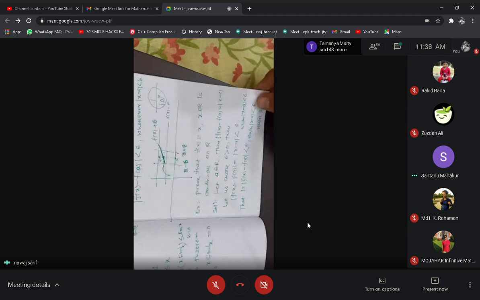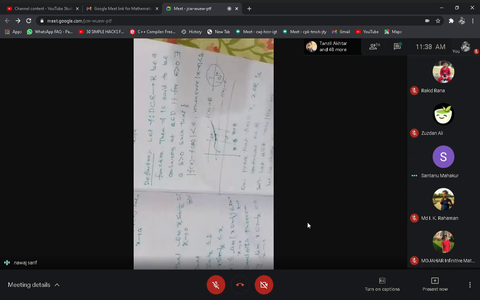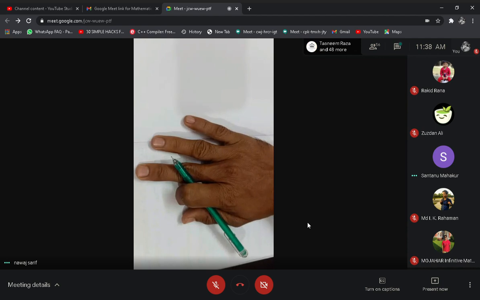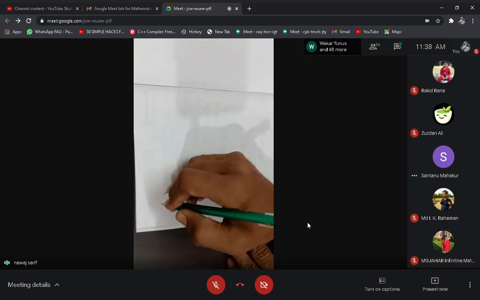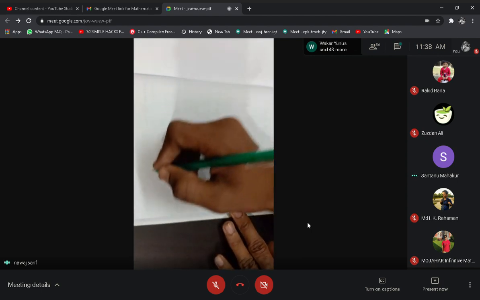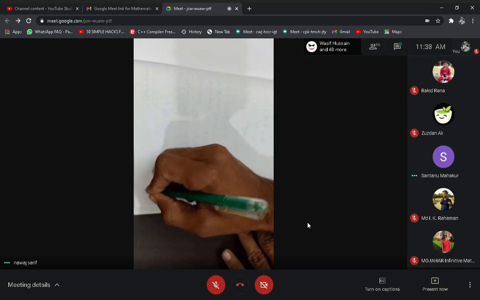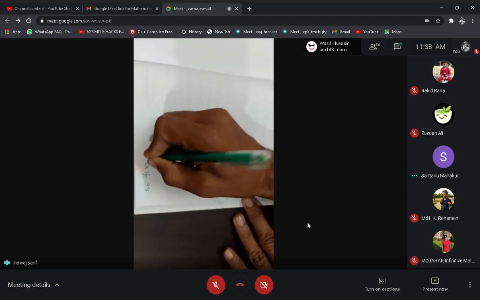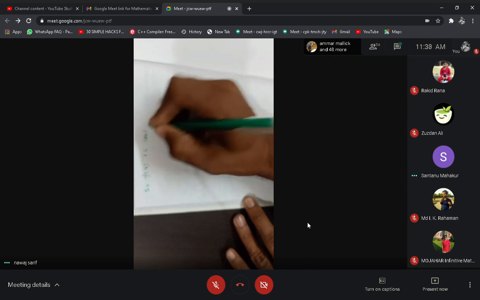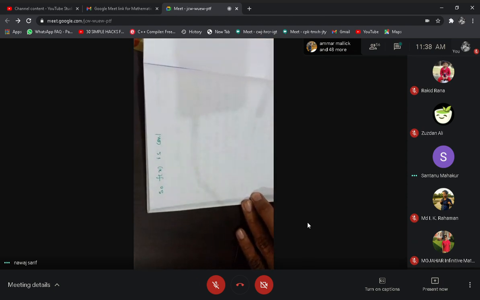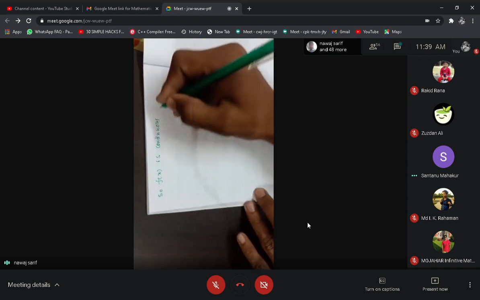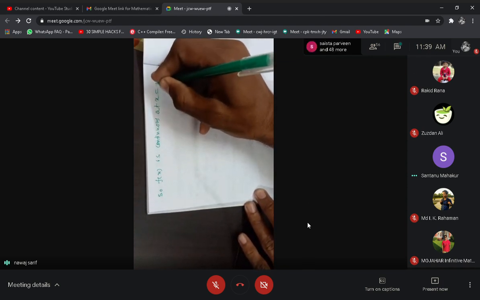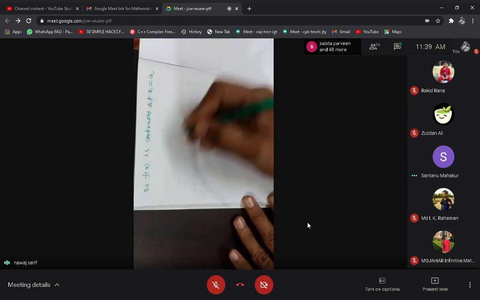Now we have to prove that this f(x) is continuous in R. We have proved that f(x) is continuous at a point a belongs to R. But a is a real number and which is arbitrary.